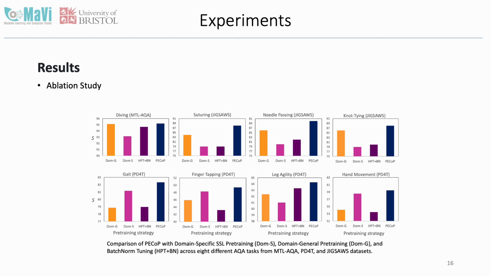As you can see, PECoP consistently outperforms the other approaches across all tasks. On the other hand, batch norm tuning doesn't do as well on the JIGSAWS tasks. This indicates that it may struggle with tasks that have a large domain gap.